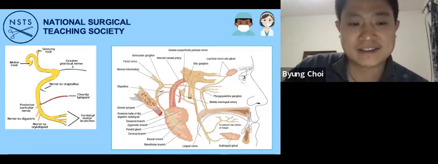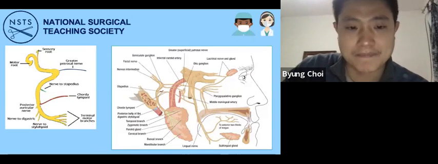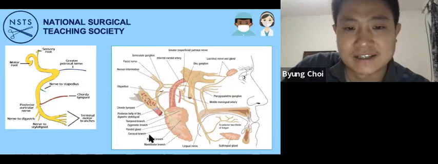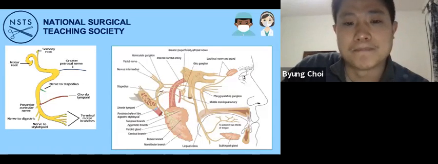Now, the geniculate ganglion, okay, that you can see from the diagram there over here. I don't know if you can see my cursor, but that's where the geniculate ganglion is, and it produces nerve branches to the lacrimal gland as well as the parotid gland.